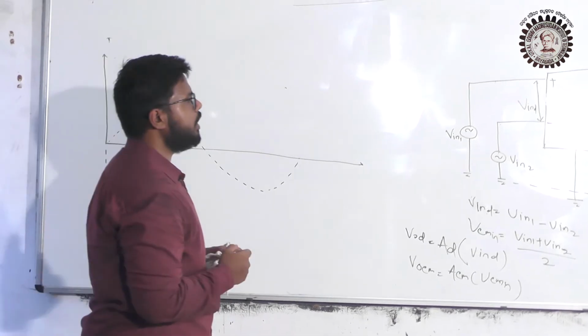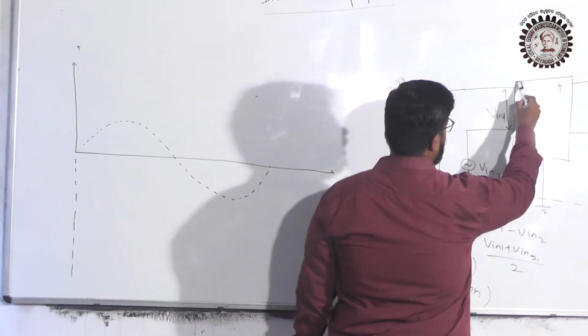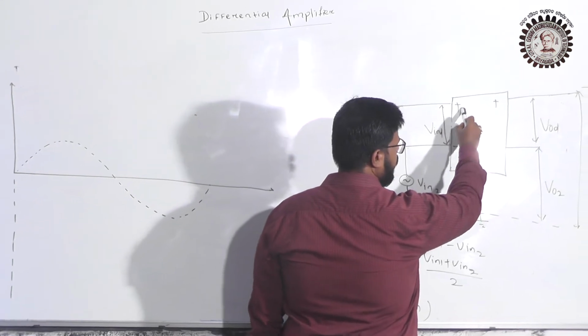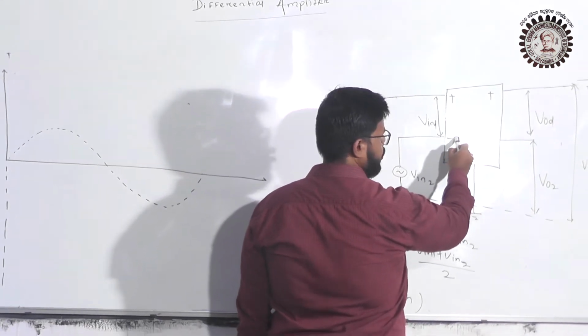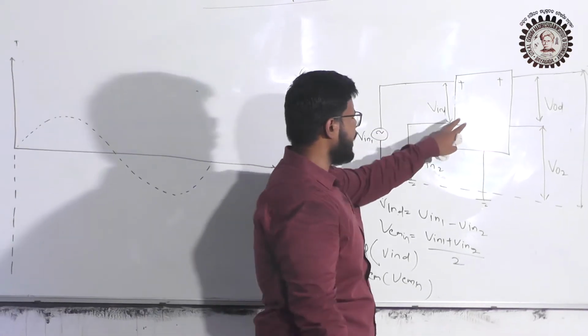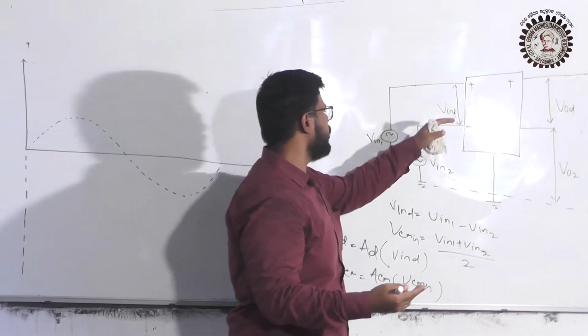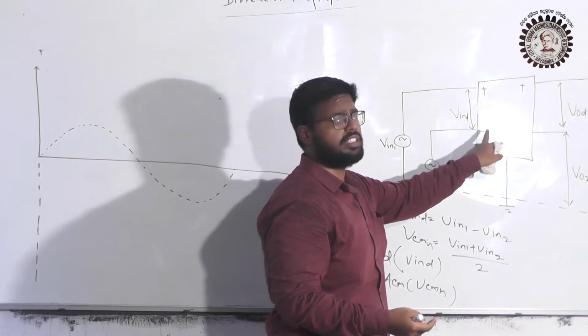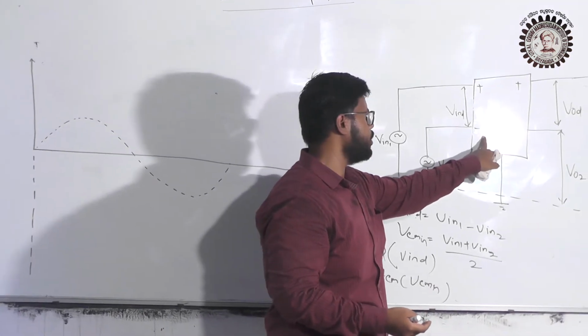The differential input has two ports. One is the non-inverting input port and another is the inverting input port. So whatever the signal V1 will be there, the exact opposite phase of the input will be fed to the other input.